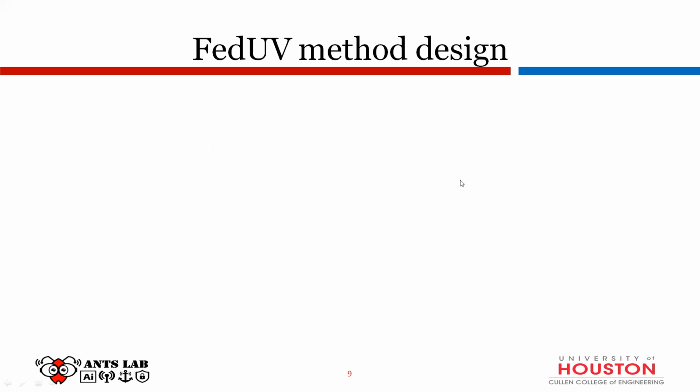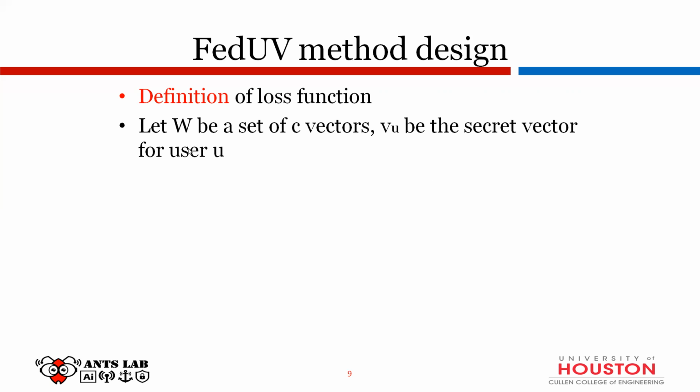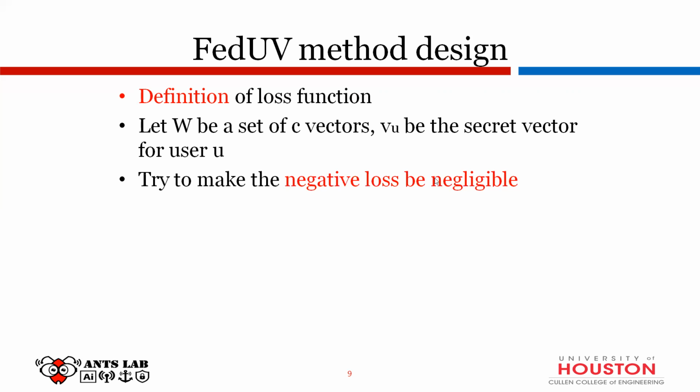About this user verification model, we will first look at the definition of the loss function. Let W, big W, be a set of C vectors, where C is a constant, and let VU be the secret vector for user U. What they try to do is make the negative loss negligible, so that you don't need to calculate the negative loss to get the approximate loss function.